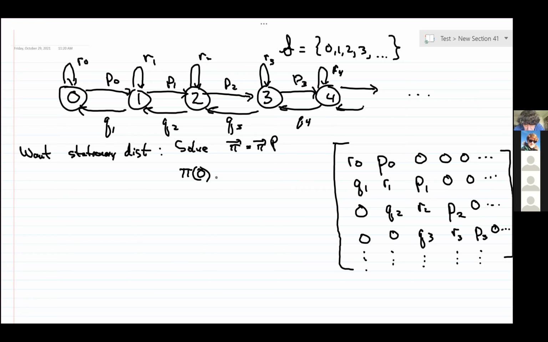First entry pi 0, second entry pi 1, third entry pi 2, fourth entry pi 3, pi 4, dot, dot, dot. It's an infinite vector. And this is all equal to just the same vector, pi 0, pi 1, pi 2, pi 3, pi 4. Commas in here, I guess.